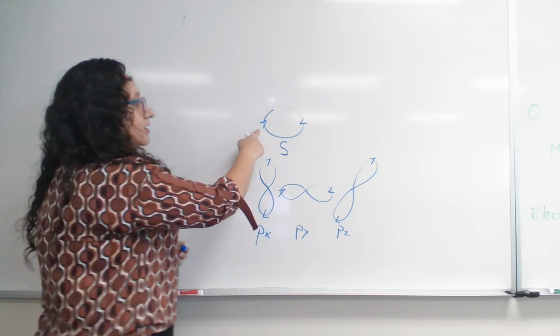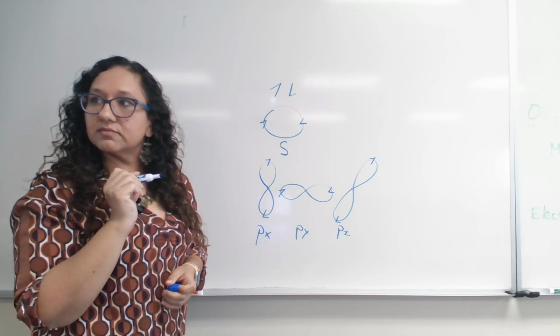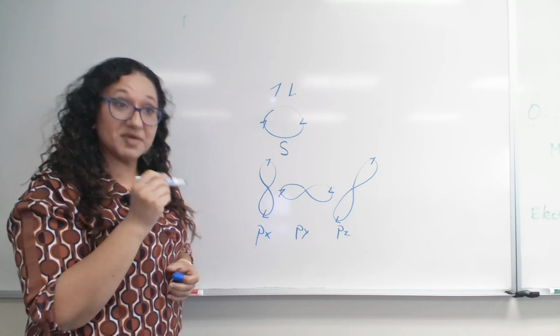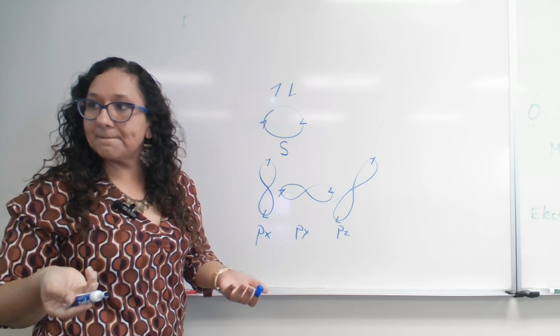And by me drawing the electron as one pointed up and one pointed down, what does that symbolize again? The spin. You all know this. That's right. That symbolizes the spin.